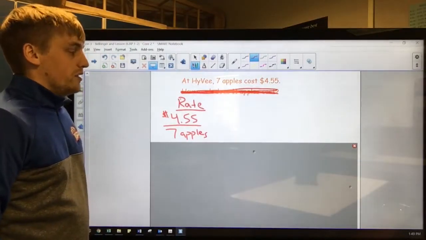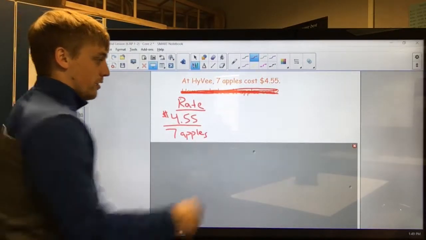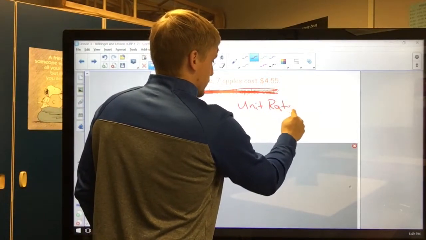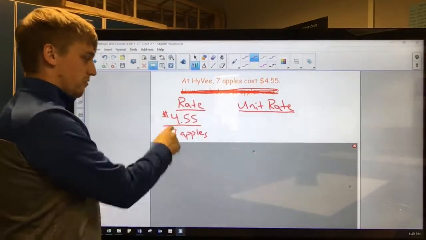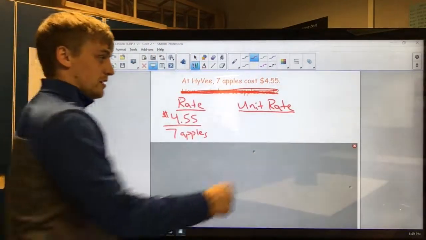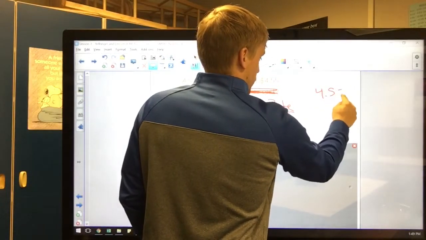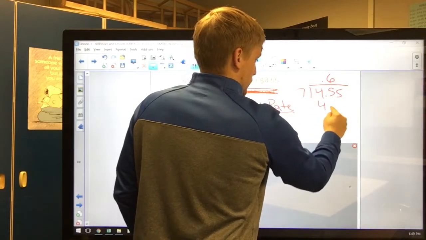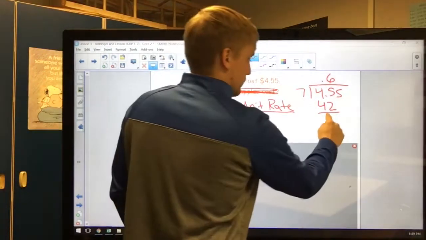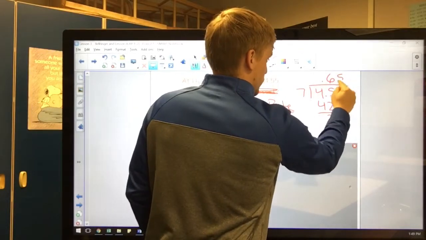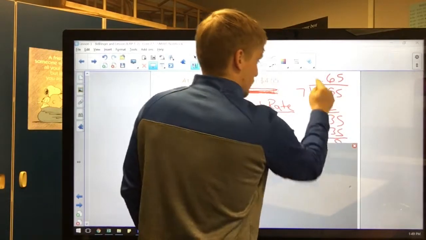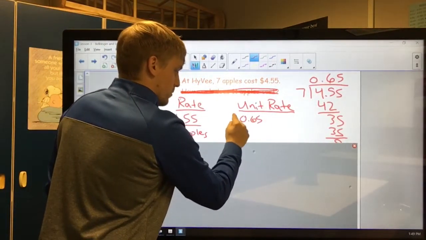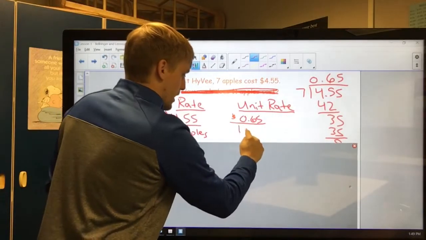Now, what is the unit rate? The unit rate, we take $4.55 divided by 7. So we get 65 cents per 1 apple.